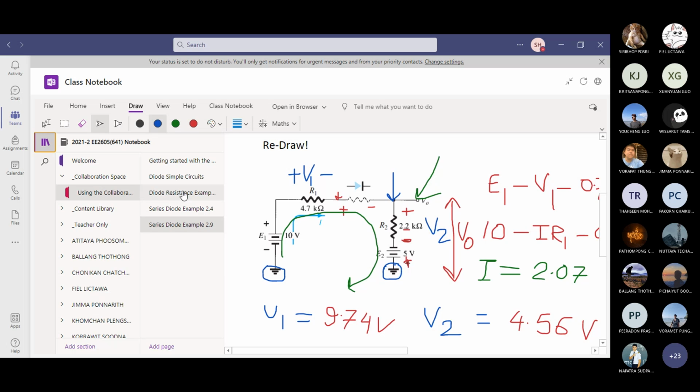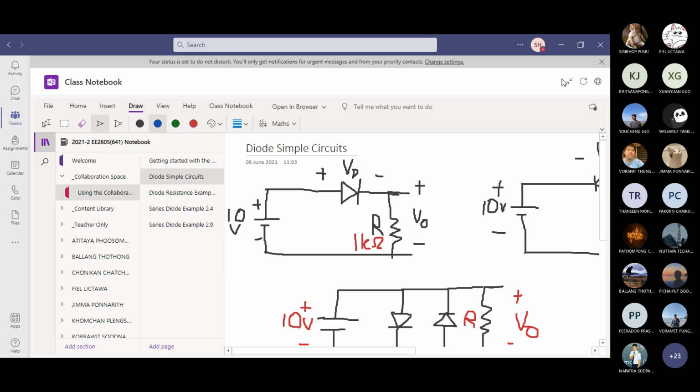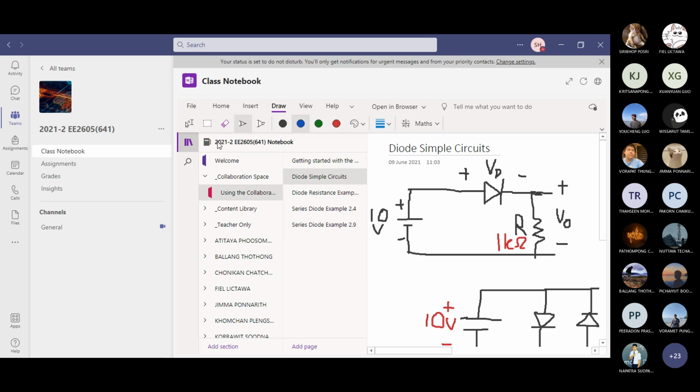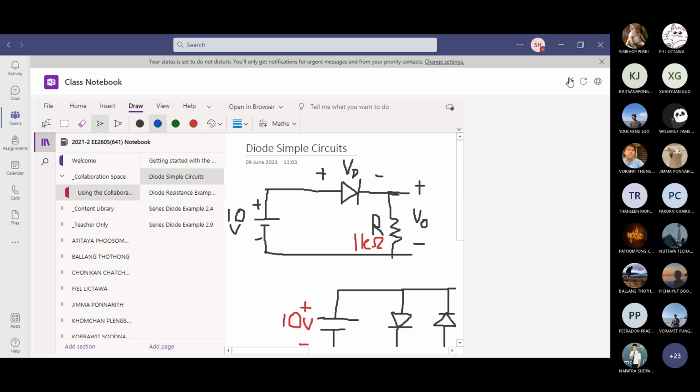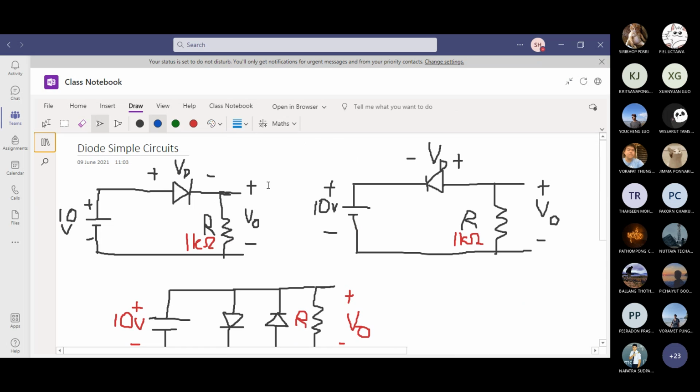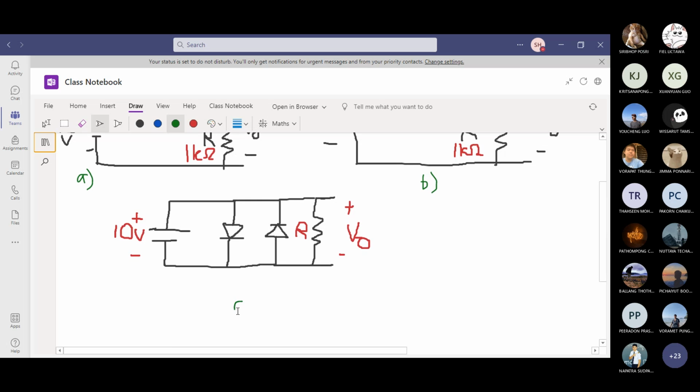I have a few more for quick practice today. Okay, let's turn off this. Let's call the first circuit circuit A. The second circuit, let's call it circuit B. The third circuit we'll call circuit C. Is Patampong here?